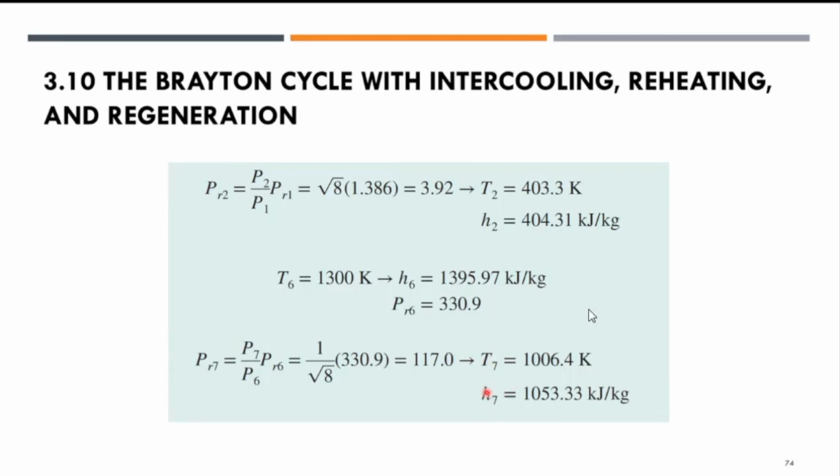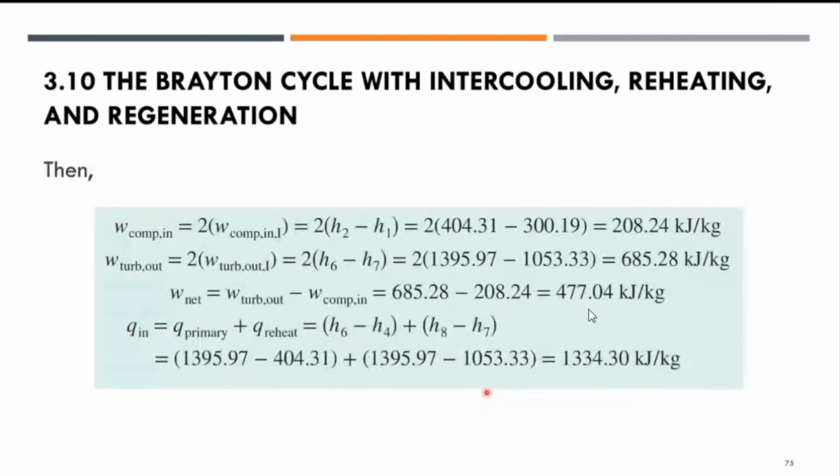After you got all the values, you put them inside the expression for the work of the compressor and then the turbine as well, you can then get the net work. Net work already obtained, then you can work out the Q in, which is equal to Q primary plus Q reheat, by inserting the value of the enthalpies.